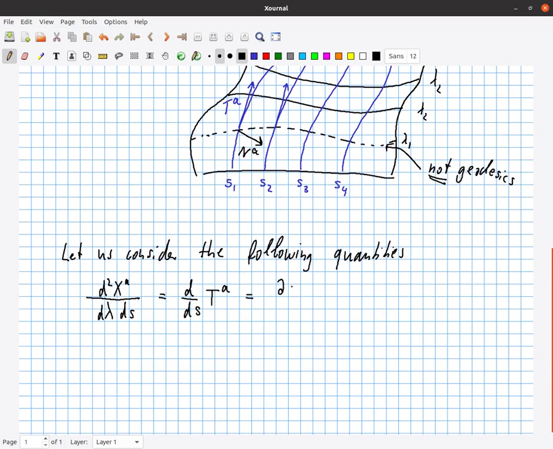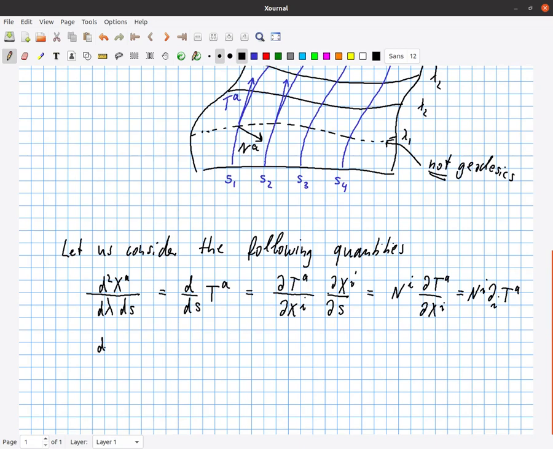We can write this as ∂T^a/∂x^i ∂x^i/∂s. These should be partial derivatives. Which we can write as n^i ∂T^a/∂x^i, or in our other notation ∂_i T^a.